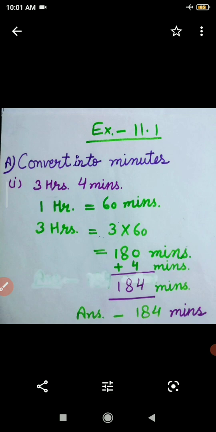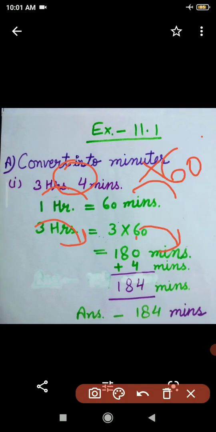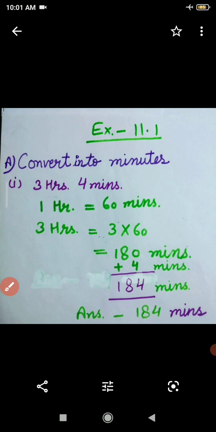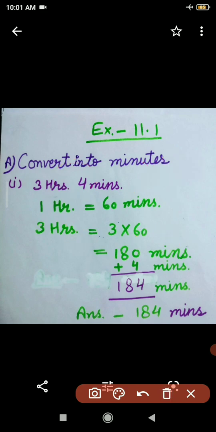What is given here? 3 hours, 4 minutes. 1 hour is equal to 60 minutes, so 3 hours is equal to 3 multiplied by 60. 3 sixes are 18, 3 zeros are 0. 180 minutes. How many more minutes do we have? 4. Then we add 4. Now what answer do we get? We get 184 minutes.